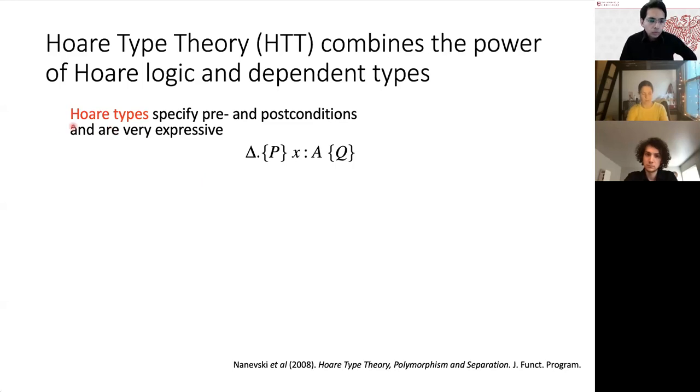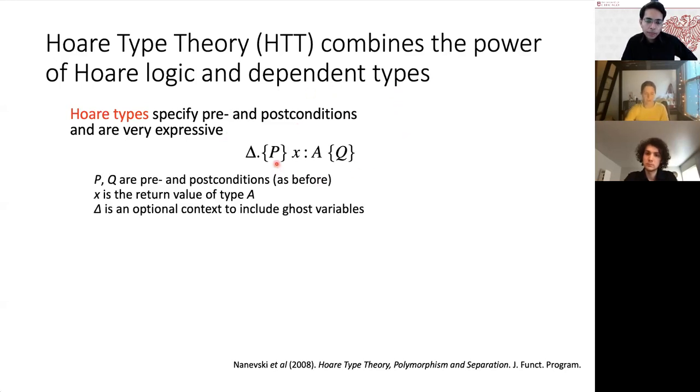Hoare types generally look like this, where pre and post conditions are specified in the type itself. And these can be very expressive because they are dependent types. What we are seeing here is the pre and post conditions P and Q, same as before. The middle part is different this time.